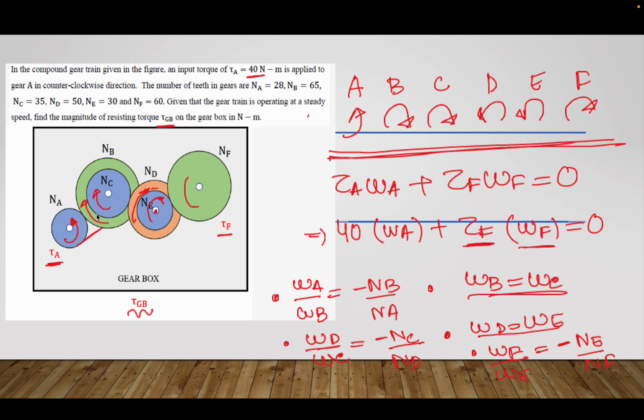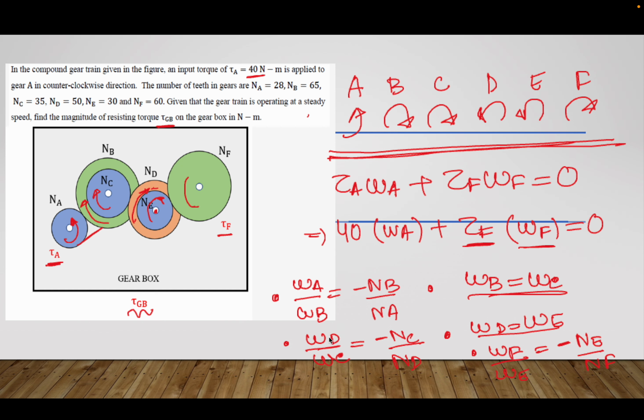Gear A and gear B are in contact, so omega A upon omega B is equal to minus NB upon NA. For gears B and C, since this is a compound gear train, both gears are on the same shaft, so omega B will be equal to omega C, which I have written here. After that, gear C is in contact with gear D.